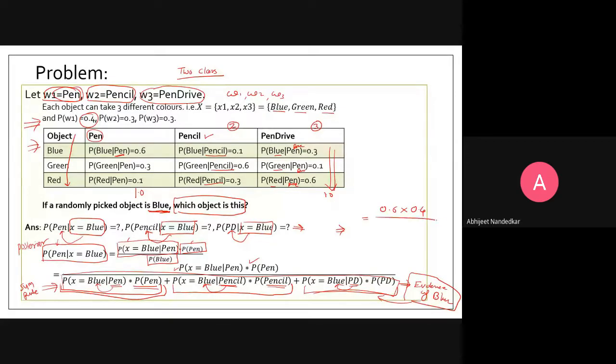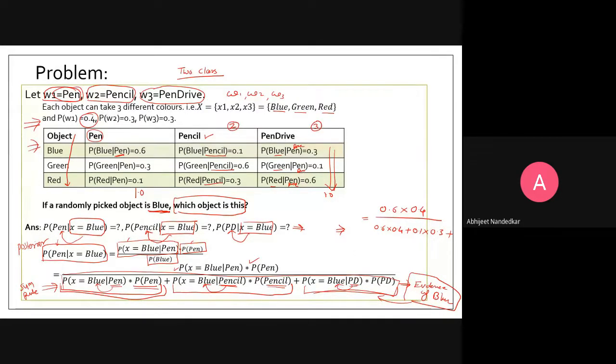Now divided by the first term, which is the same thing, 0.6 into 0.4, plus given the pencil, if it is of blue color, then the chance is 0.1, multiplied by the chance of the pencil itself. So pencil is, I think, 0.3, plus.